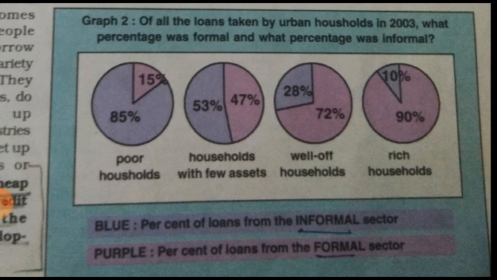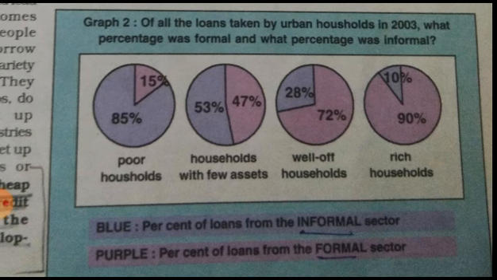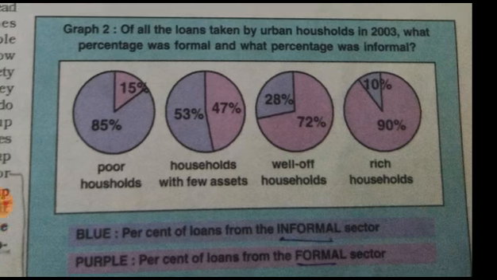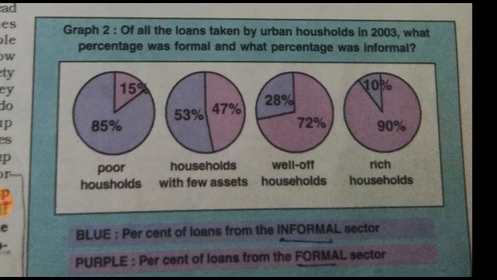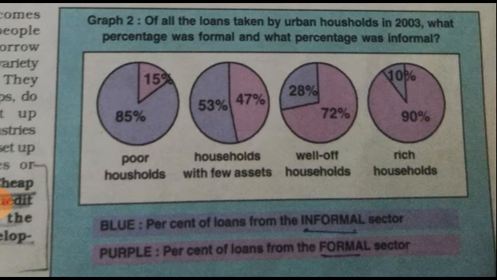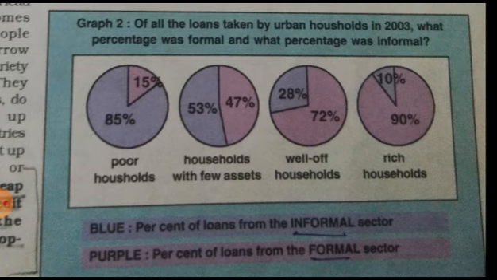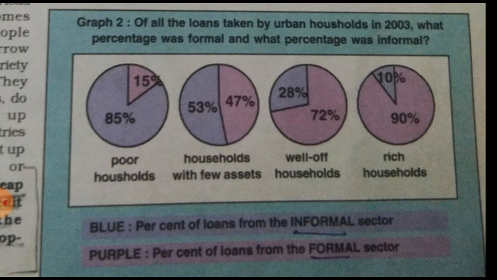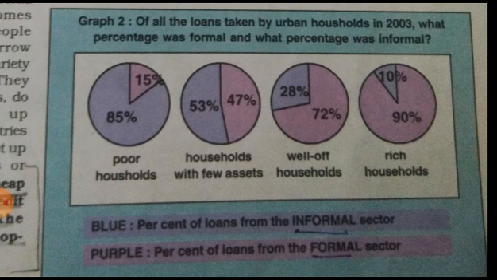Rich households are availing cheap credit from the formal lender, whereas poor households have to pay a heavy price for the borrowing. In the formal sector, as you already know, the rate of interest is less, and rich people easily get loans from the formal sector, nationalized banks or cooperative banks. But those who are poor, 85% of people get credit from the informal sector, whose rate of interest is much more.